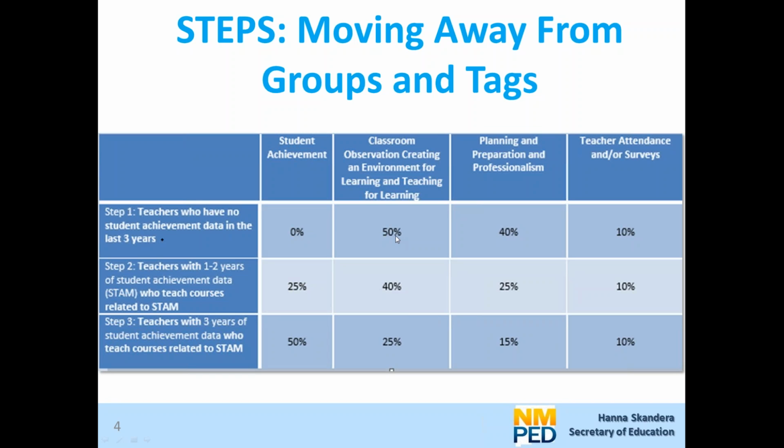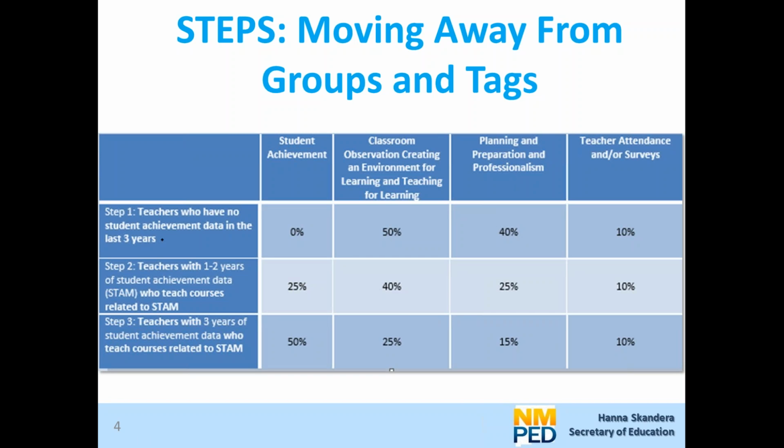For a Step 1 teacher, 50% or 100 points of their evaluation is associated with the classroom observation, domains 2 and 3 of the NMTEACH rubric. For a Step 1 teacher, 40% of their evaluation is associated with planning and preparation and professionalism, or domains 1 and 4 of the NMTEACH rubric.